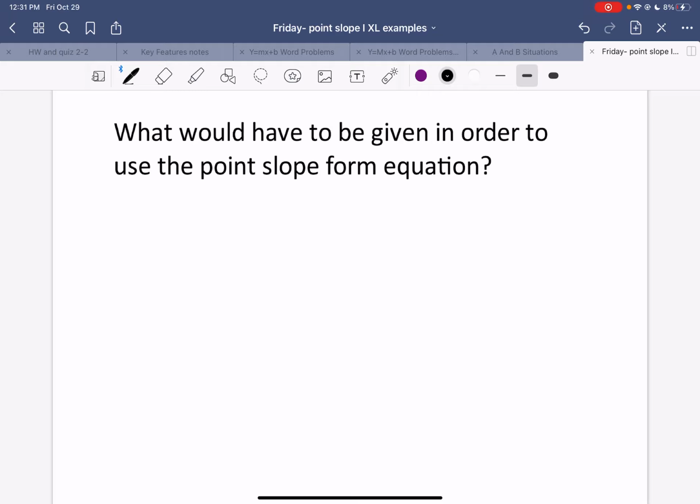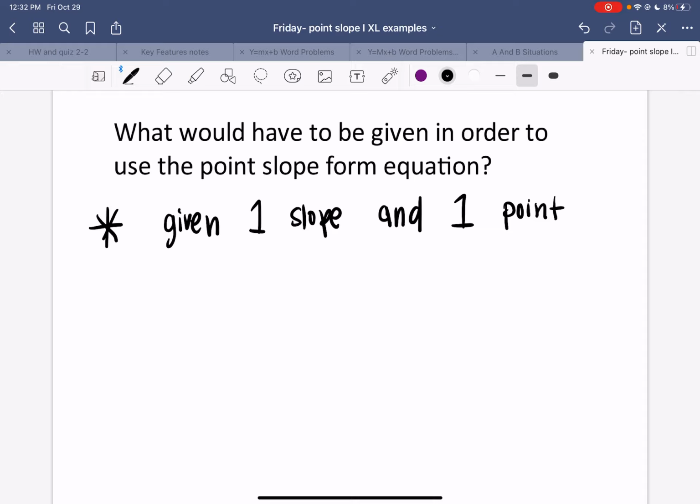So my question is, what would have to be given in order to use the point-slope form equation? I'll give you a minute to think. So there are two scenarios, and maybe you thought of these. In one scenario, you would have to be given one slope and one point, meaning one xy pair.